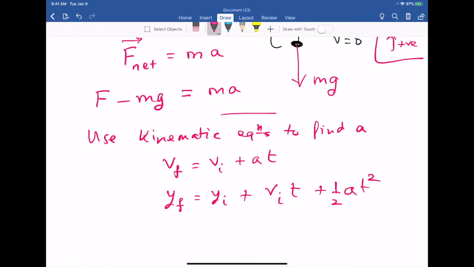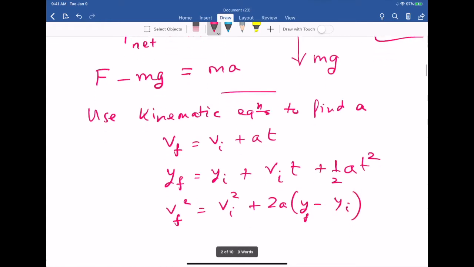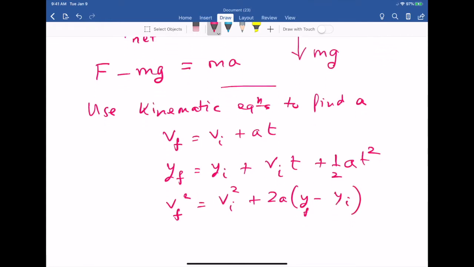And the third kinematic equation is v final square equals v initial square plus 2a times (y final minus y initial). I just arbitrarily call this one the first, this one the second, and this one the third kinematic equation.